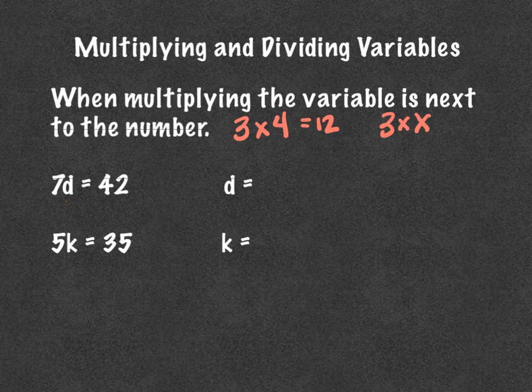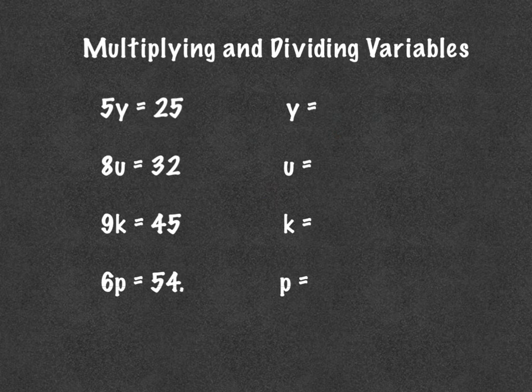If we look at this first problem here, 7d equals 42. So you're thinking 7 times what would equal 42? If we think back to our facts, 7 times 6 would equal 42. So d equals 6. For this next one, 5k equals 35. Again, we're going to think what times 5 equals 35, and 7 times 5 is 35, so k equals 7.